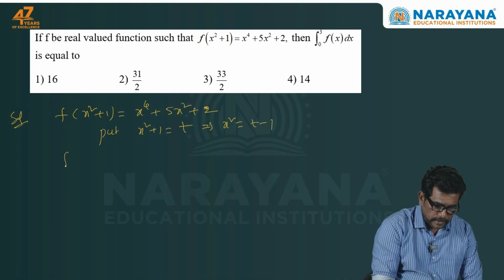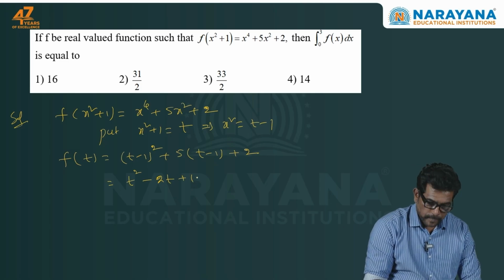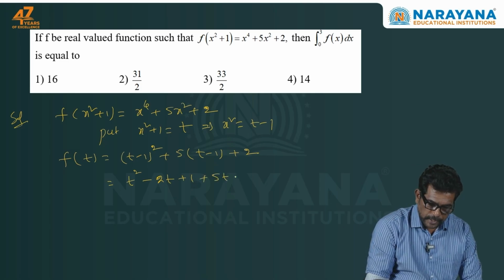Now I am using this. f of t is equal to x to the power of 4, meaning t minus 1 whole square, plus 5 times of t minus 1 plus 2. Now the simplification of this one: t square minus 2t plus 1 plus 5t minus 5 plus 2.